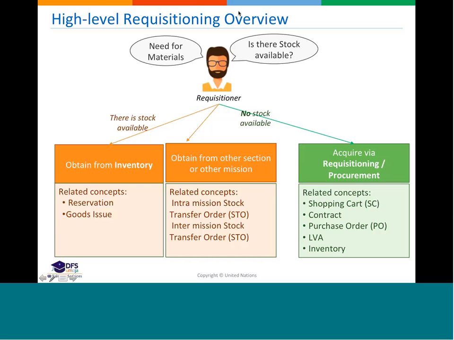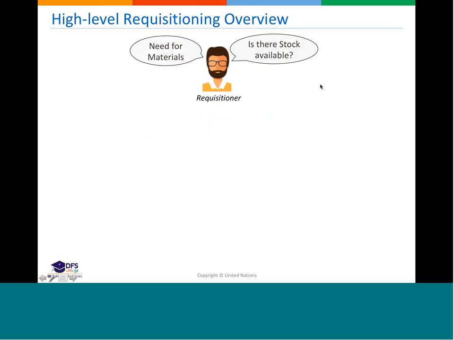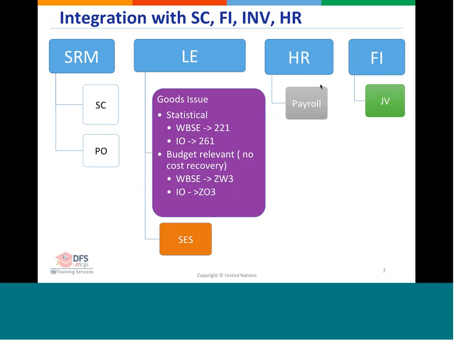Okay, there was a question asking why service entry sheet is under logistics execution instead of SRM. Basically because SRM is the portal where we are going to place shopping carts and POs; it is the portal for procurement, and it finishes at the state of approving purchase orders.